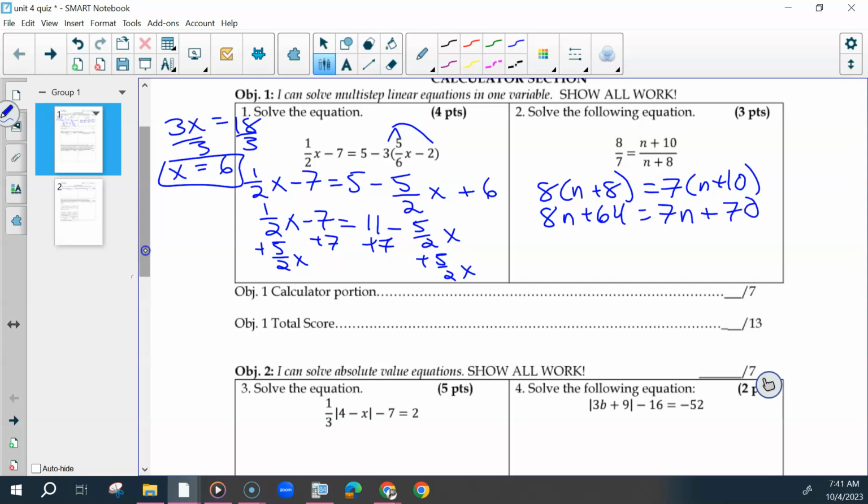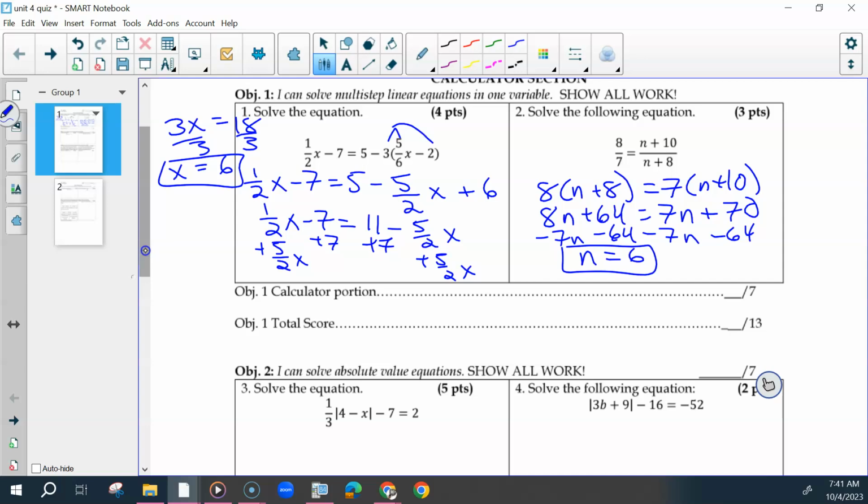Again, how you chose to do that was up to you. Many of us subtracted 7 and subtracted 64 to get n equals 6. So the 3 points were: did you distribute / cross multiply correctly? Did you do the rest of that work correctly? Did you get the correct answer?